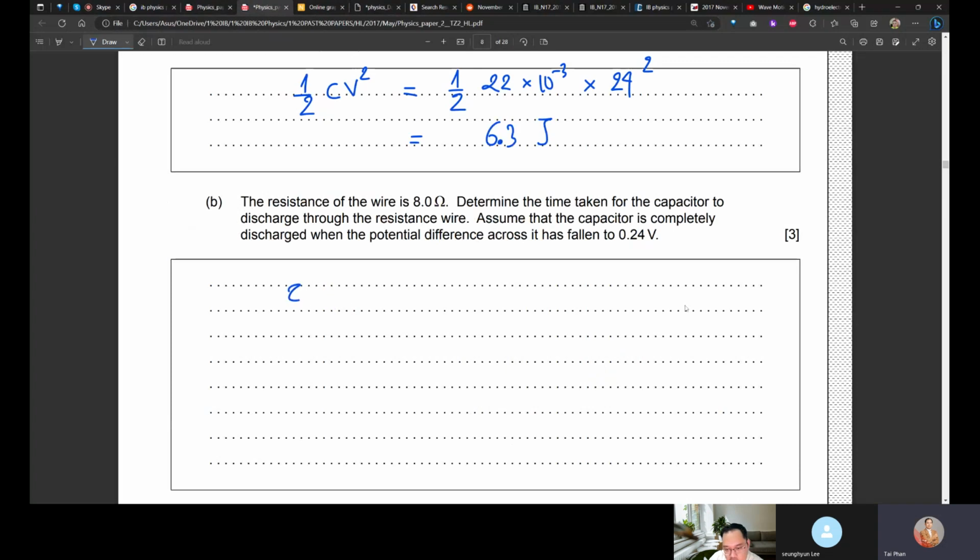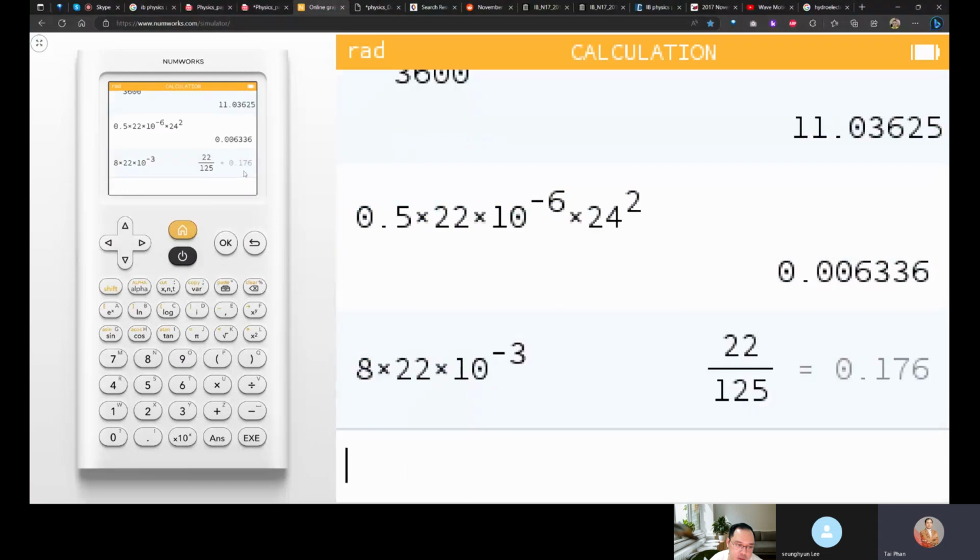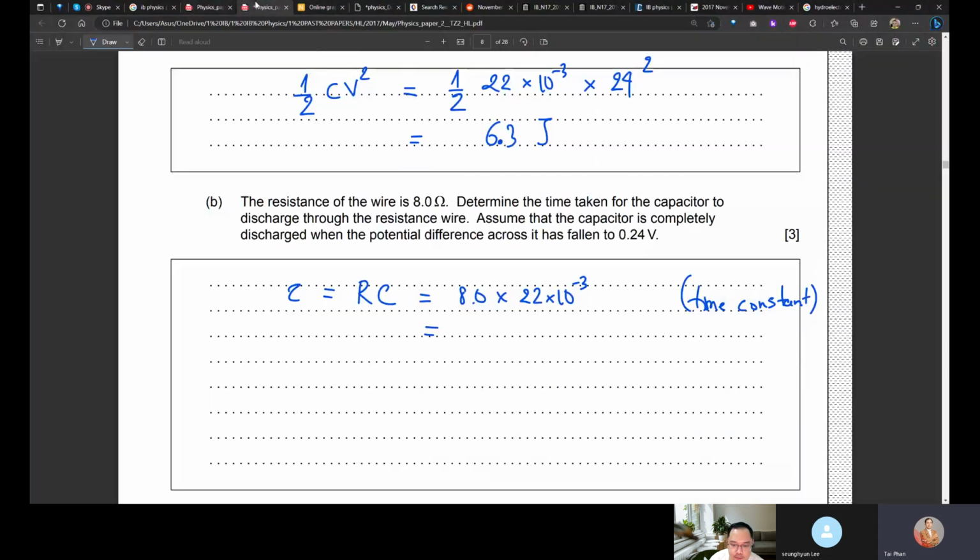That thing, tau, is called the time constant. It is the product, meaning the resistance multiplied by the capacitance. Resistance is 8, capacitance is 22 millifarad. Calculate this also: 8 times 22 times 10 to the negative 3. 0.176, and its unit is second.